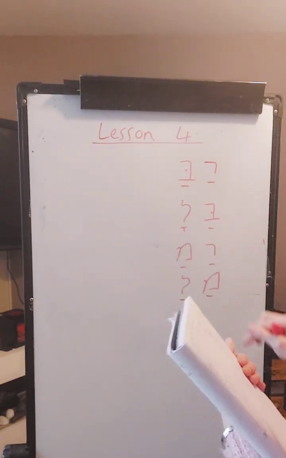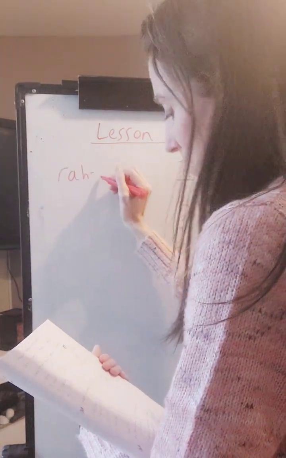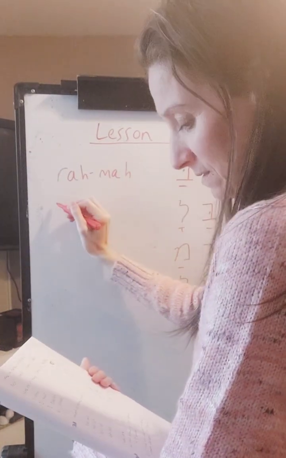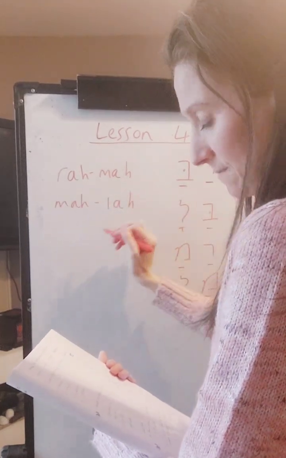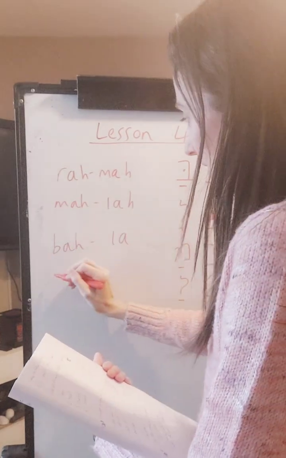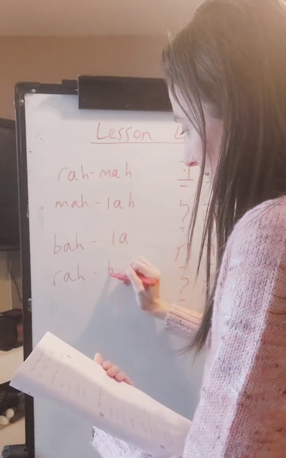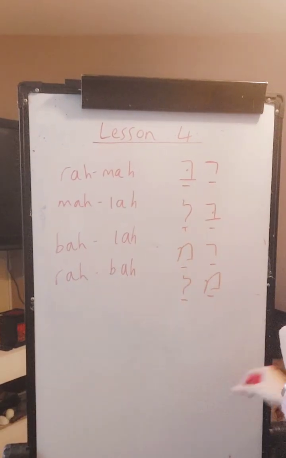Right. So I'm going to match them up. So we want the sound Rama, Mala, Bala, and Raba. You can put the H on or you don't have to.